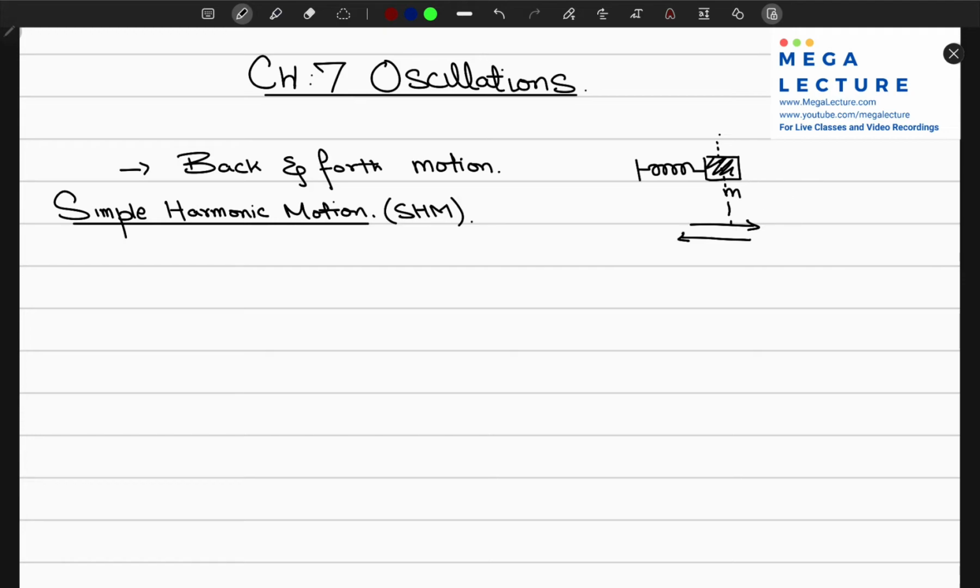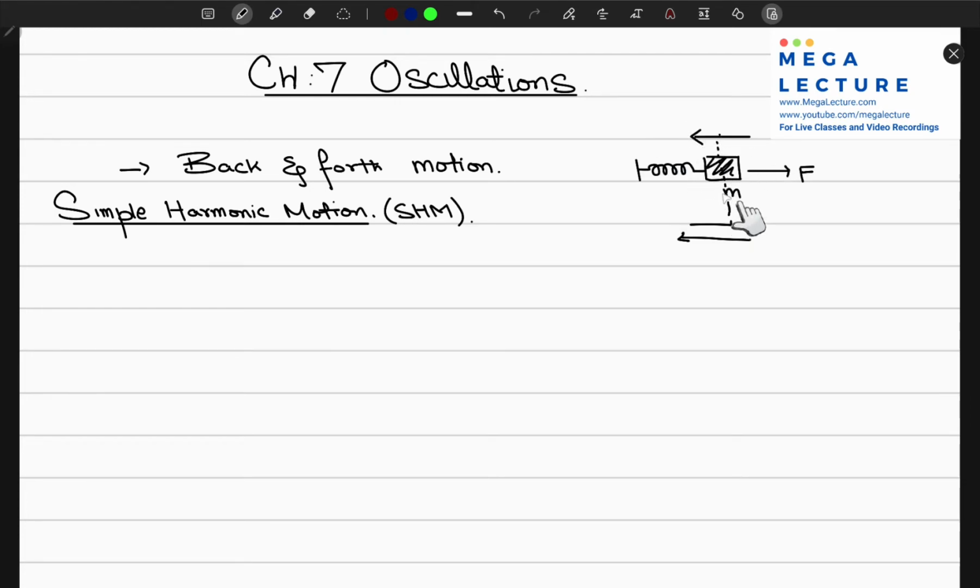Suppose I were to displace this mass in this direction by applying some force. This would be a vibratory motion. Now when I pull it in this direction, there will be a force that acts on this mass which would want to take it back to its original mean position, as we call it.